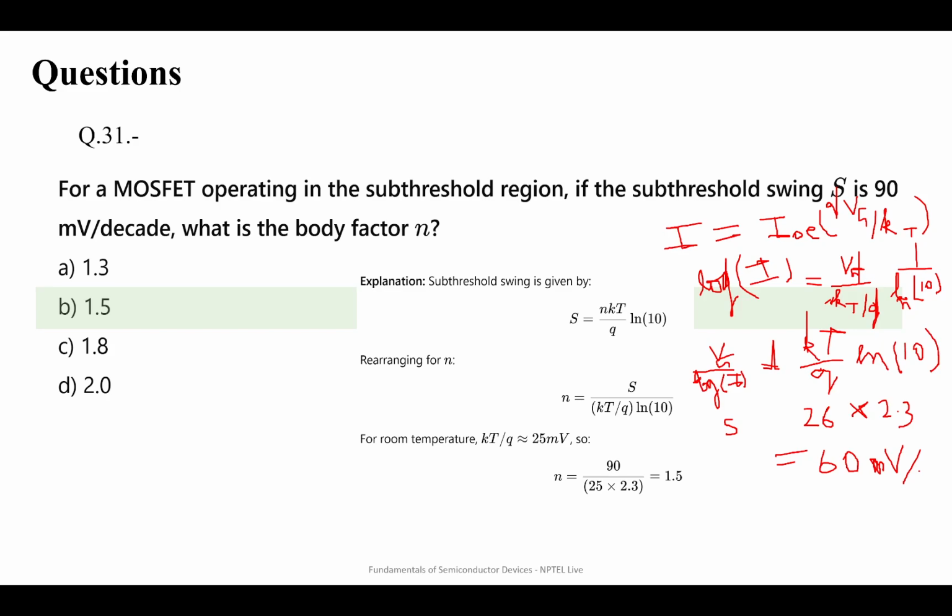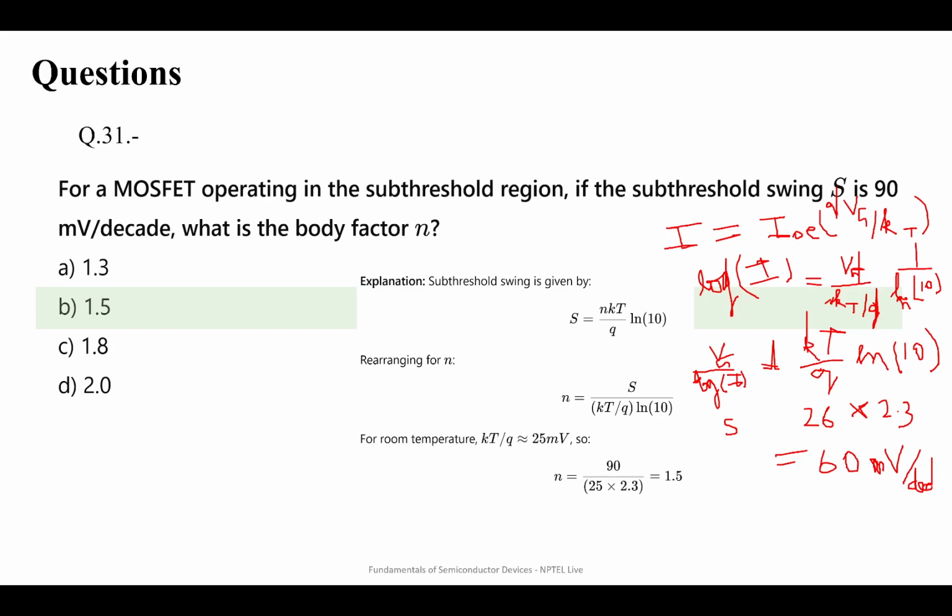After every 60 millivolts my current is getting multiplied by 10. That is why we say per decade.